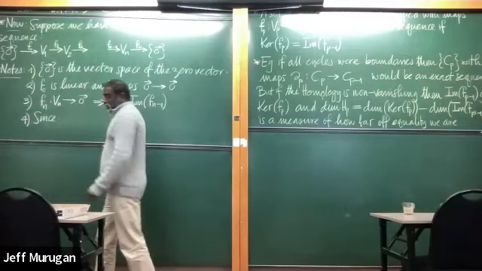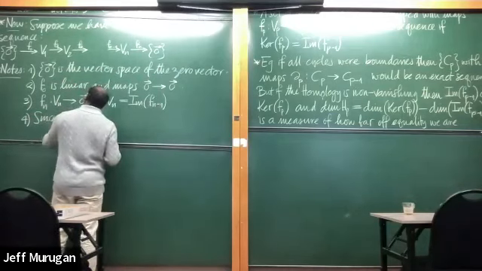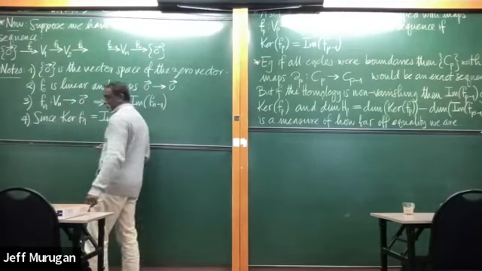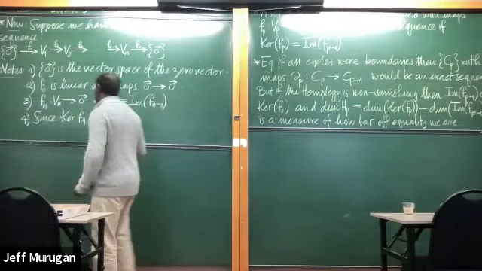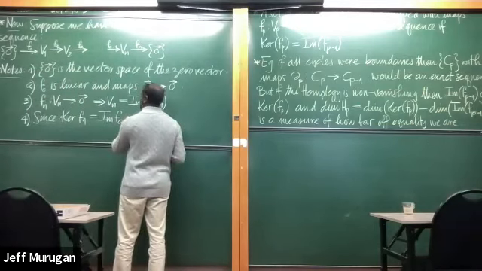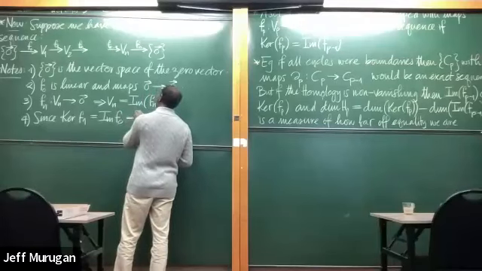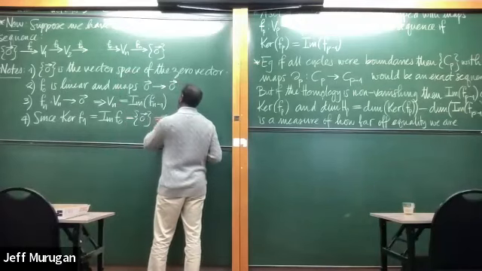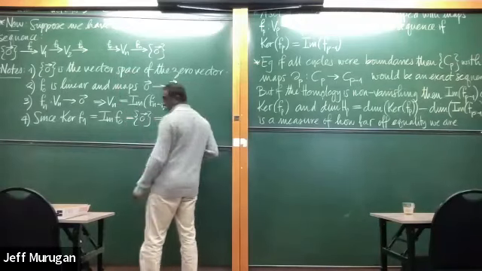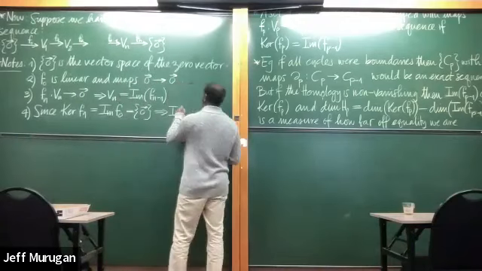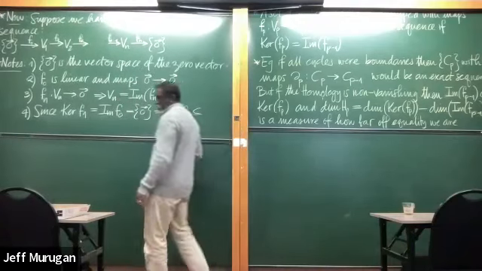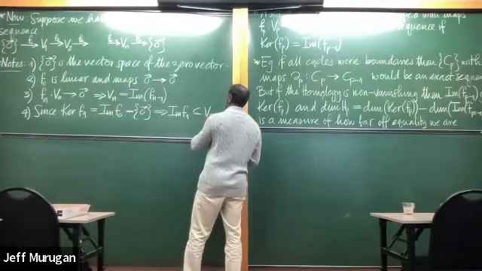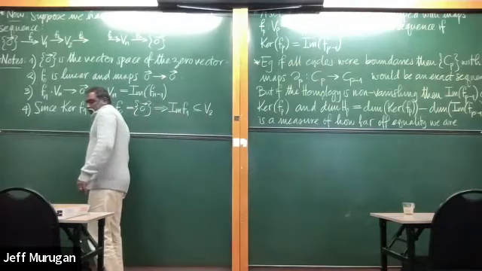Finally, since the kernel of F1 is the image of F naught, it follows that the image of F1 is contained in V2, and V2 is an isomorphic image of V1.